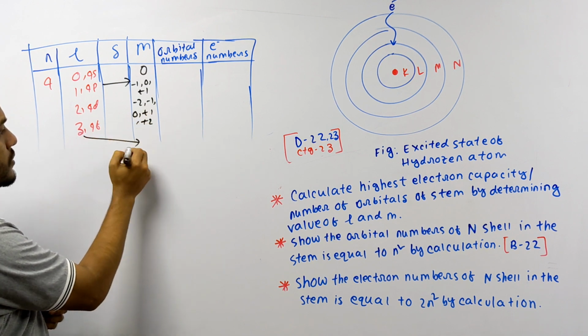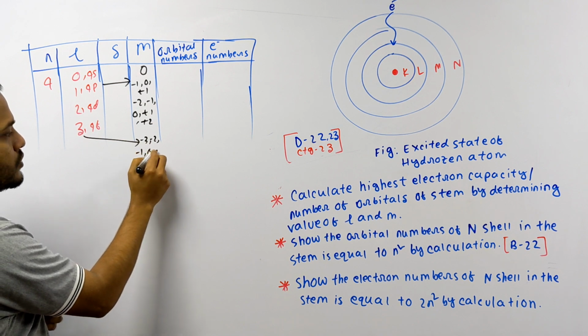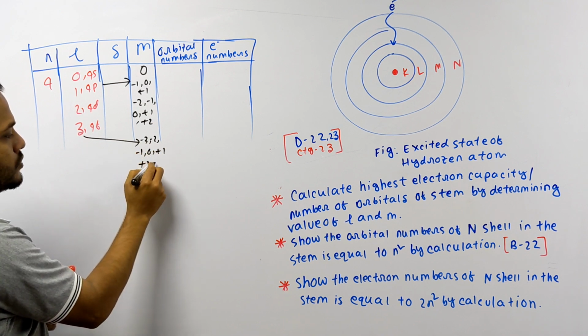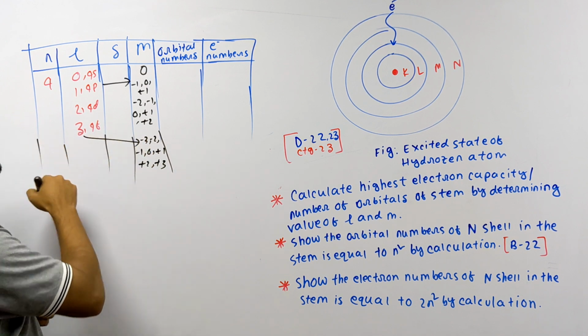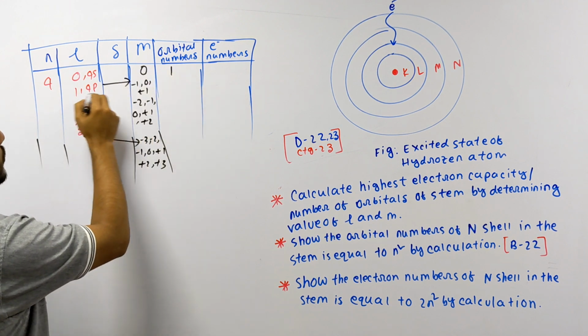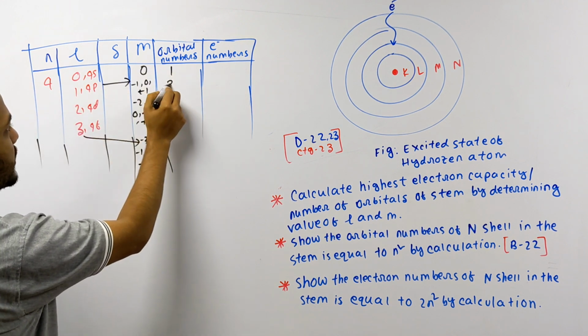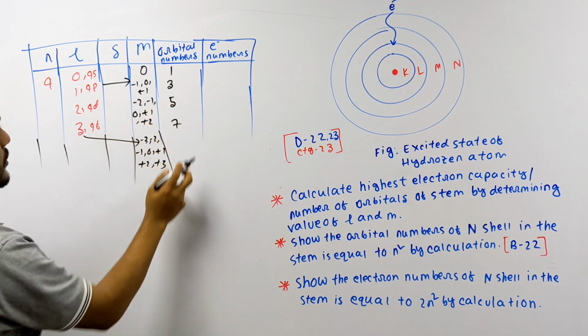For f, it is minus 3, minus 2, minus 1, 0, plus 1, plus 2, plus 3. Now for orbital numbers, there is 1 s orbital, 3 p orbitals, 5 d orbitals, and 7 f orbitals.